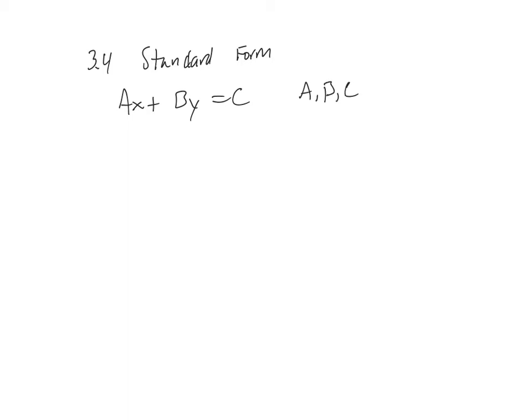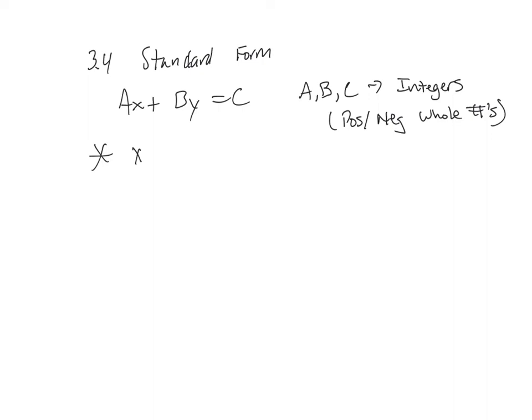A, b, and c are integers, which again means positive or negative whole numbers, so no fractions. Okay. So the biggest thing that I want you to remember when you see standard form is I want you to think of x and y intercepts.